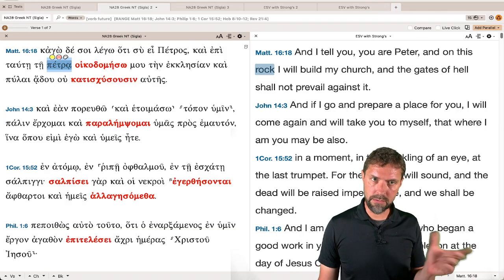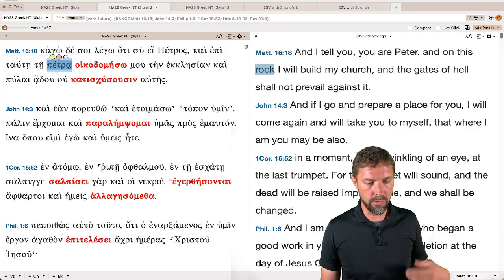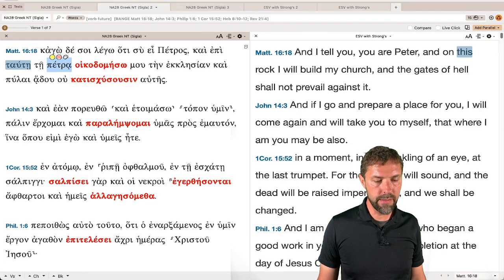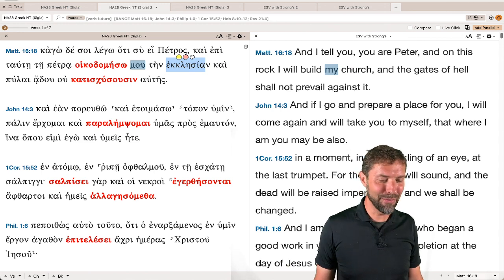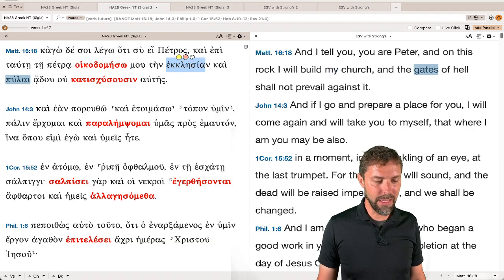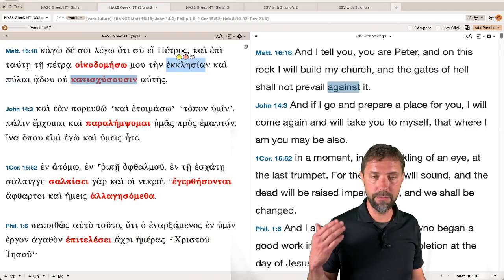So that's, even into our language, still a word for rock. Upon this rock, I will build my church. This is a word that you've probably heard preachers mention in sermons, ecclesia. I will build my church. You know your personal pronouns now, thanks to a previous lesson. And the gates of hell will not overcome, or will not be able to overcome it.